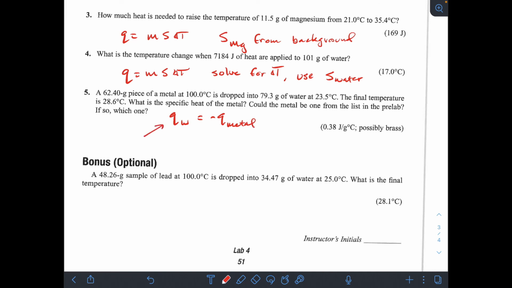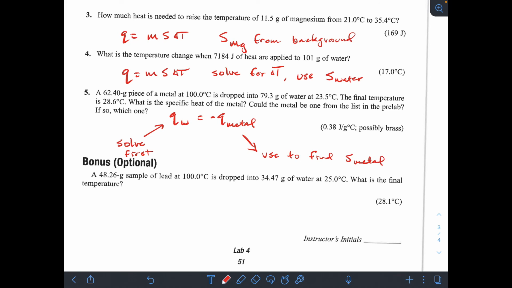So solve for Q of the water first. That will give you Q of the metal, and then you use this to find S of the metal. You have all the information in the problem to find Q of the water. Then Q of the metal is just negative of that answer. Okay, and then you can use that to solve for S of the metal.